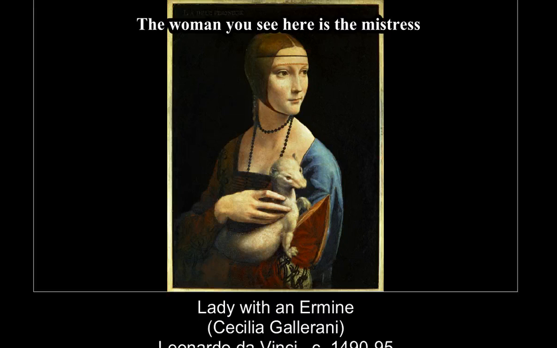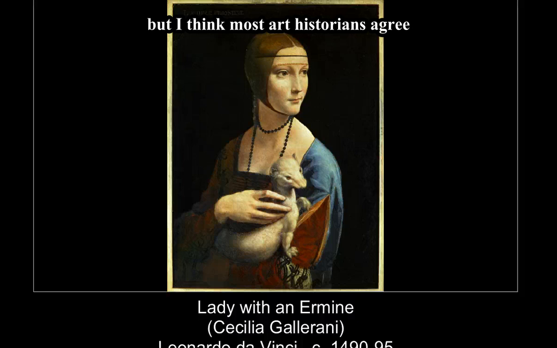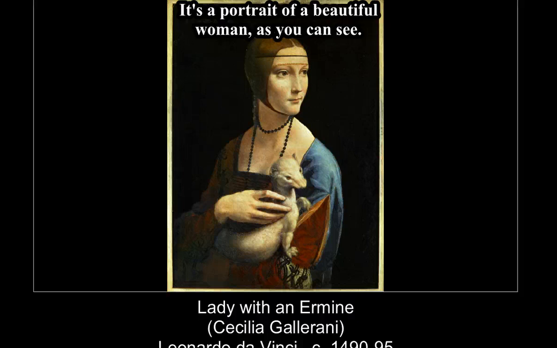The woman you see here is the mistress of the Duke of Milan, of Ludovico Sforza. Her name is Cecilia Gallerani. There's been some debate about her identity, but I think most art historians agree that that's who we're looking at here. It's a portrait of a beautiful woman, as you can see.